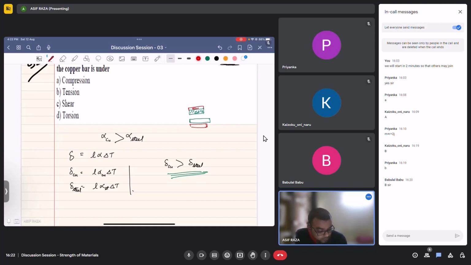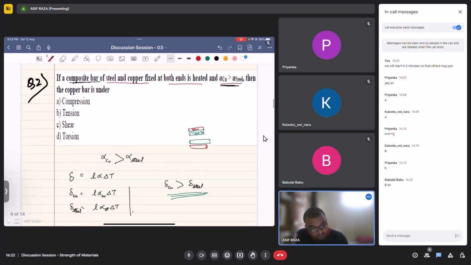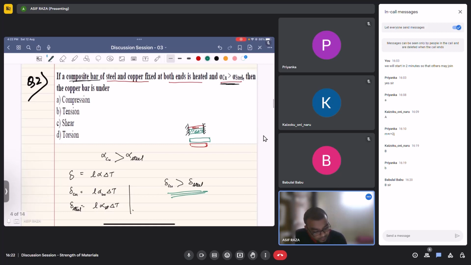But since it's a composite, as in the ends are fixed together, when you increase the temperature, it will have a certain extension such that it is in between this and this.